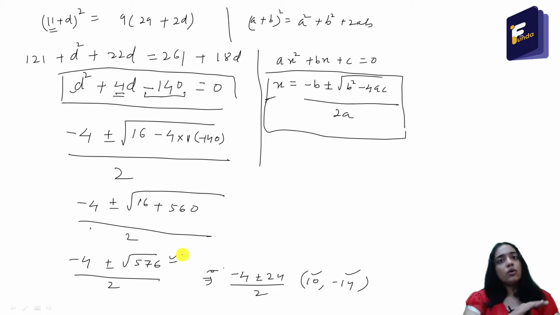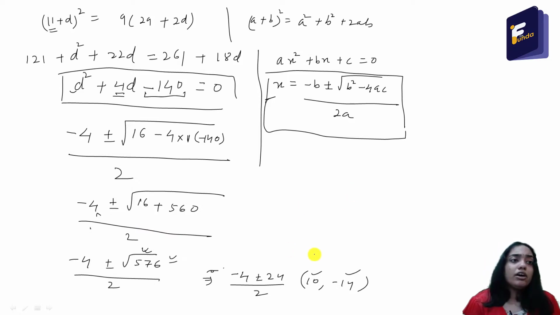What is the square of 24, what is the square of 14, what is the square of 19, just memorize those values. Then while solving equations involving roots, you will find it very easy, because you don't have to calculate the root; from memory you can tell that 576, the root is 24.